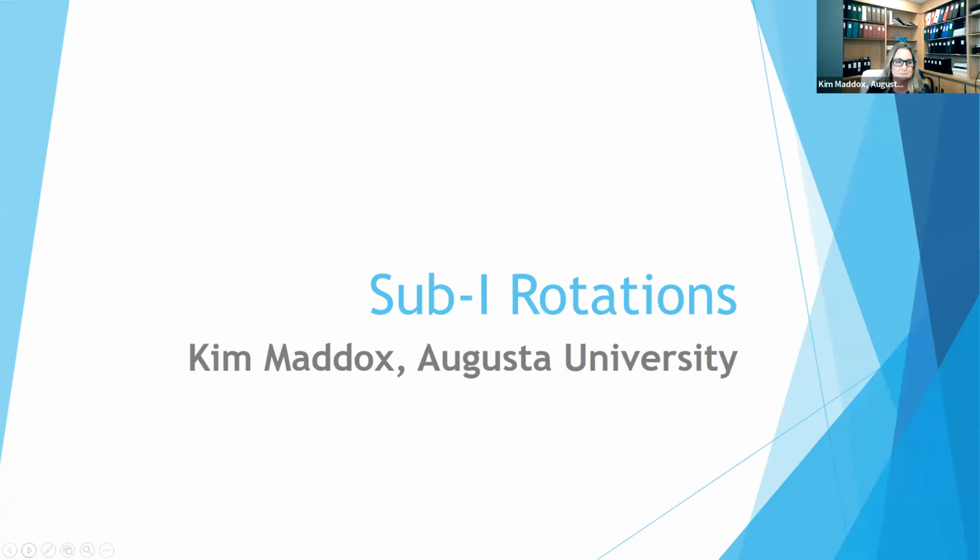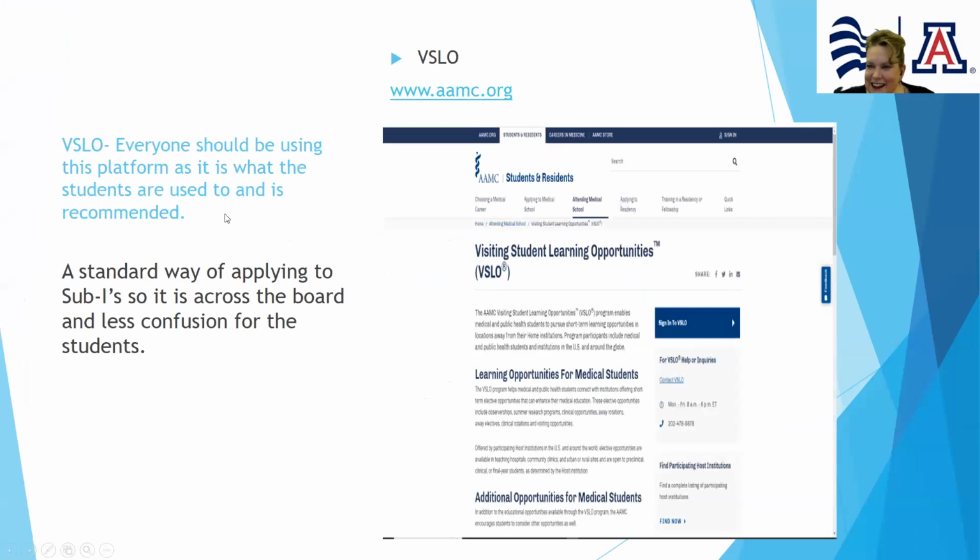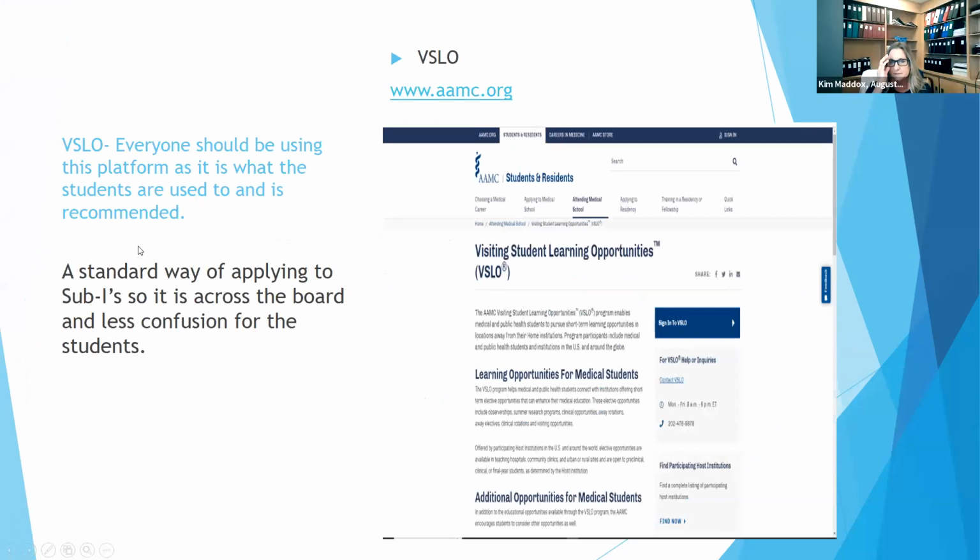All right. So everybody should be using VSLO. I don't know if there are people out there that do not go through VSLO, but it's what the students are used to using, because the majority I know do use VSLO. And in my opinion, I think everybody should use this because it's what the AAMC has out there for you to use.